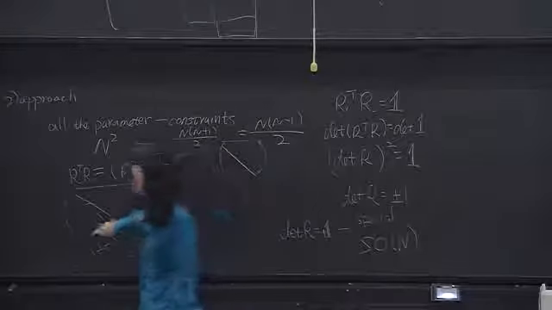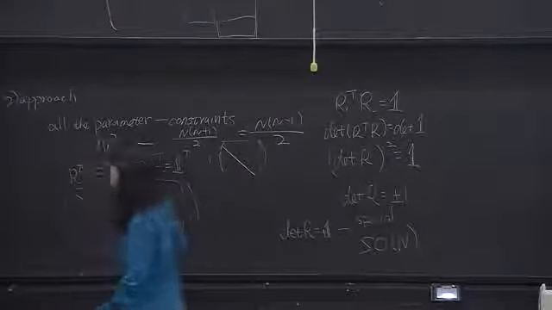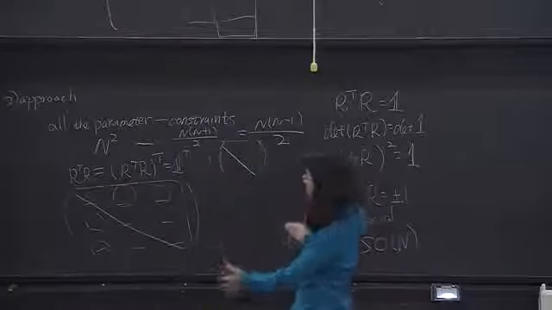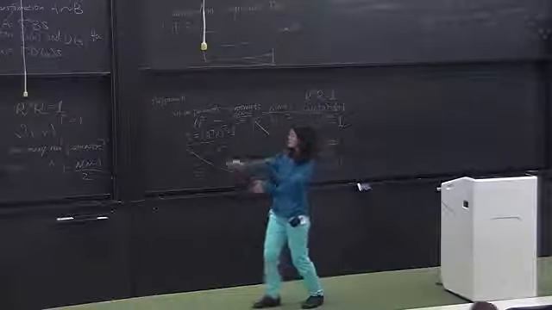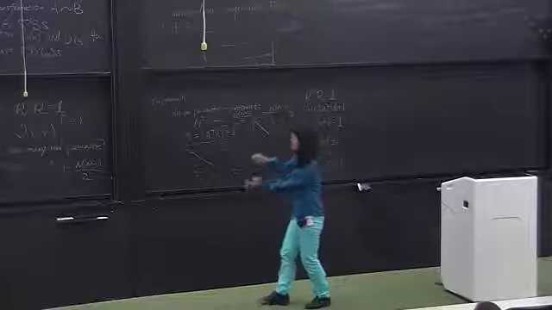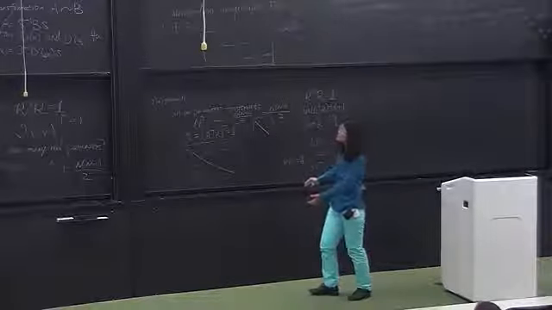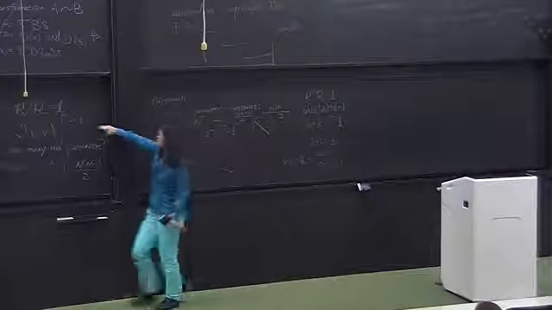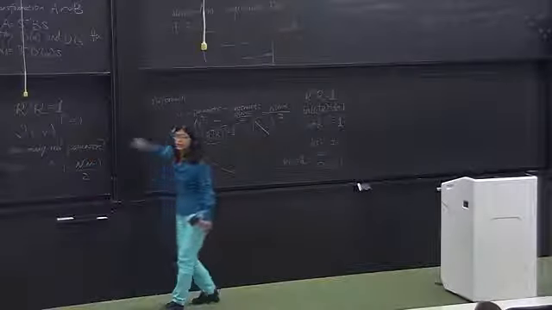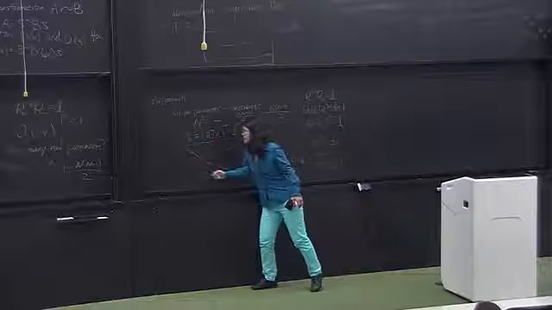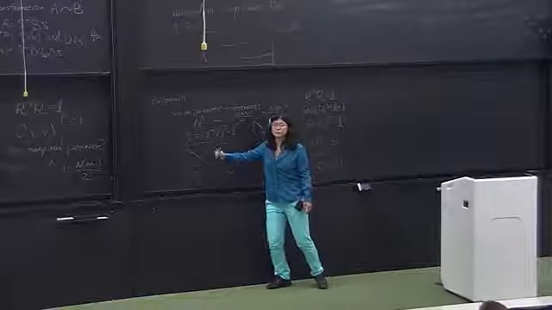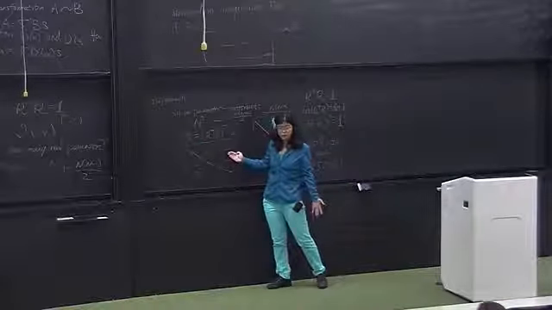Okay. The only thing this argument is saying is that R has n square entries, R transpose has n square entries, and then this equation should have n square equations. And the only thing I'm saying is that some of these equations are nothing but repeating equations you already wrote down.